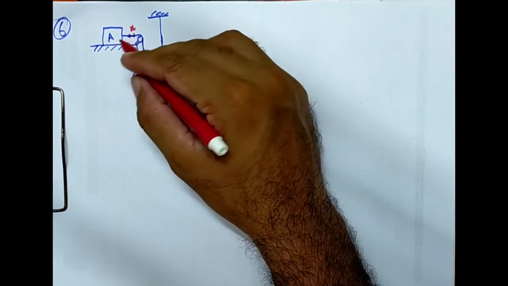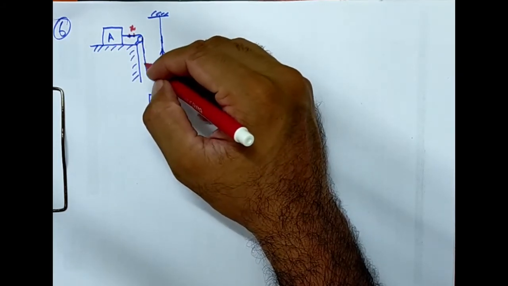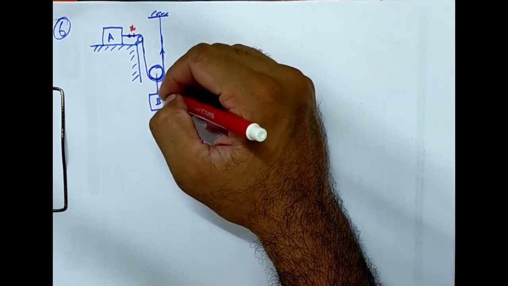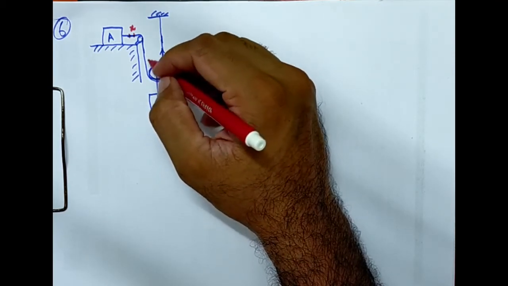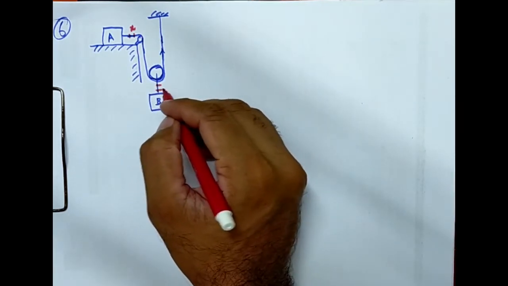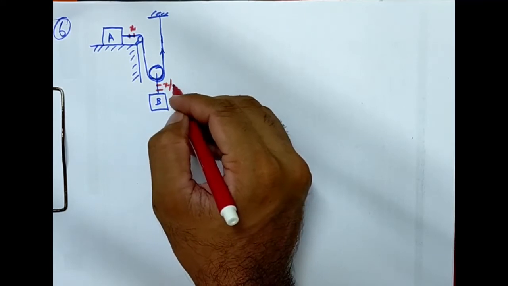If this moves in this direction, this whole cable will be winding and going up, unwinding, and this block will be moving down. And if you observe closely, you can find that this will be moving down by an amount x by 2. It won't be moving down by an amount x, it will be moving down by an amount x by 2.